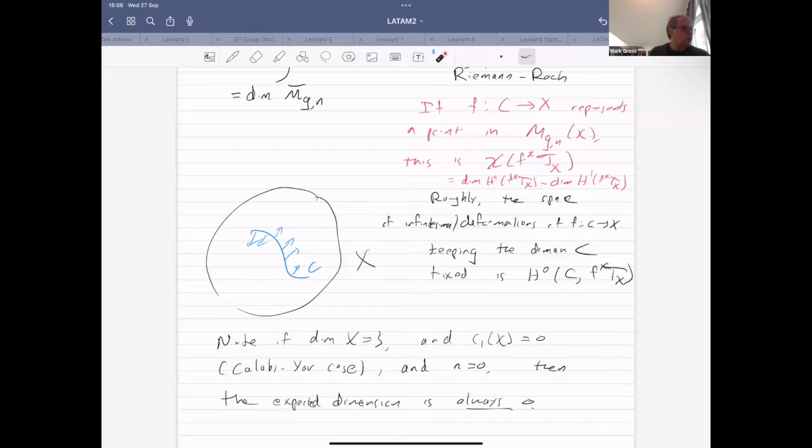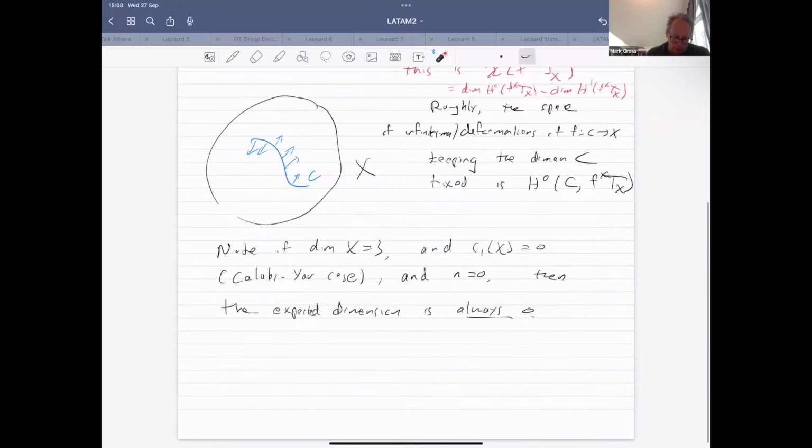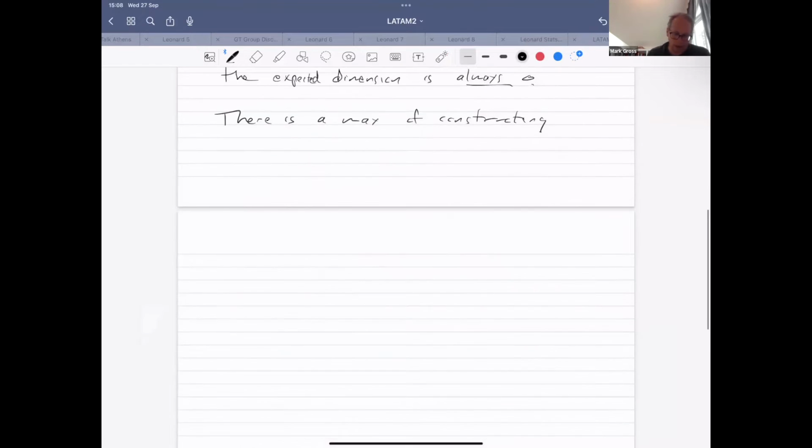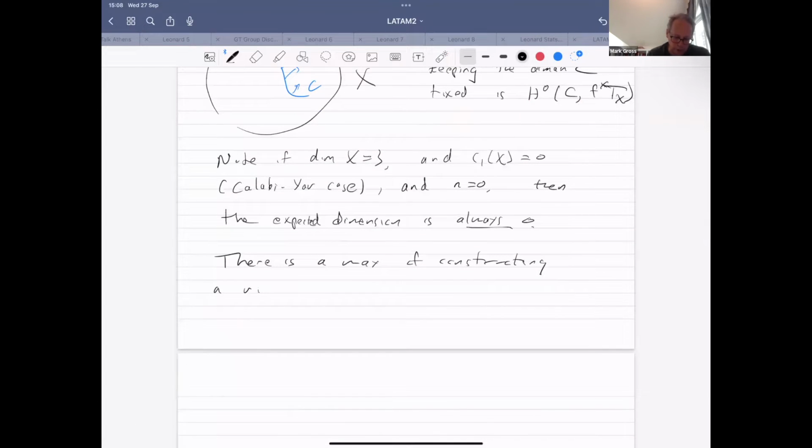Now, the crucial black box, which I'm not going to go into any detail on, but you should be aware that this black box exists, is that there is a way of constructing what's known as a virtual fundamental class on X. So what is that?